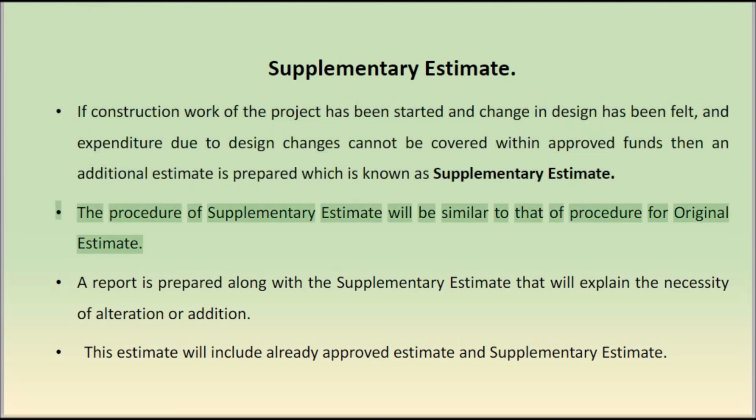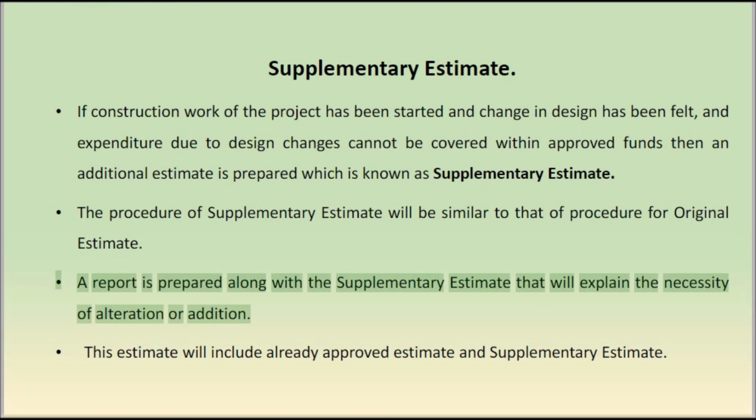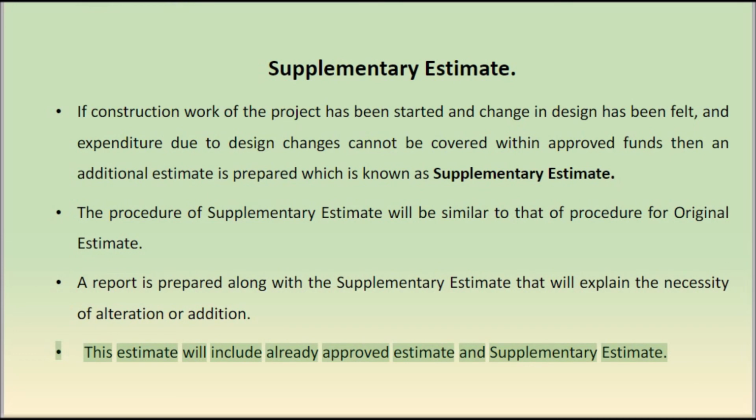The procedure of a supplementary estimate is similar to that of the original estimate. A report is prepared along with the supplementary estimate that will explain the necessity of alteration or addition. This estimate will include the already approved estimate and the supplementary estimate.